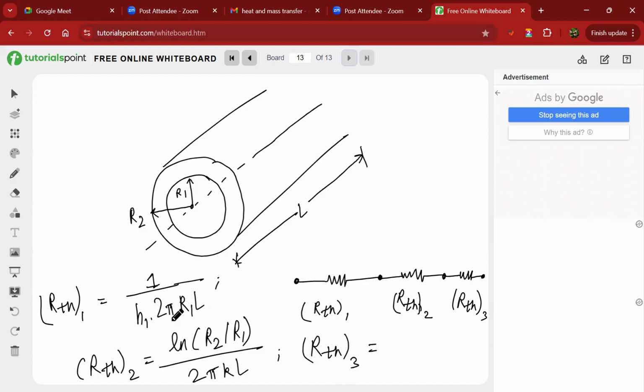And RTH3 is basically represented by 1 by h2 into 2 pi r2 L. Okay, so these are the three series resistances, right? So they will be added side by side.